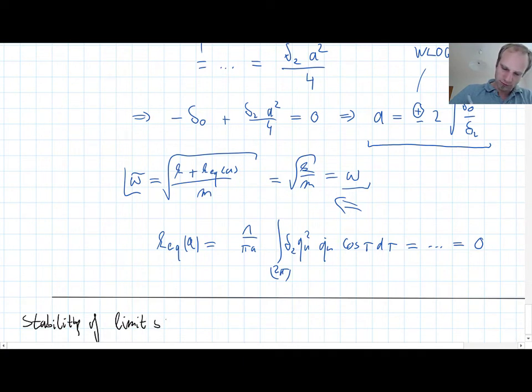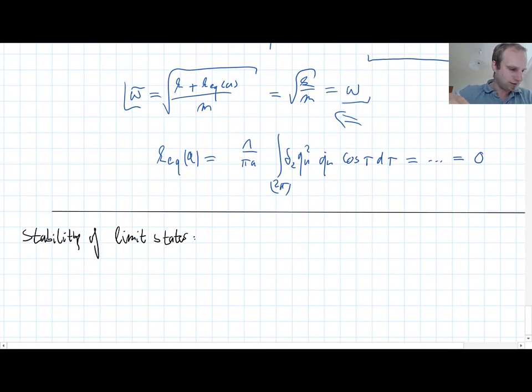Or more generally, stability of limit states. You could also write, in this case we discuss cycles. You will later also discuss other types of limit states. One other is obviously an equilibrium point.